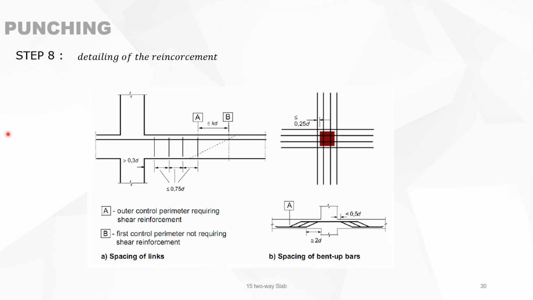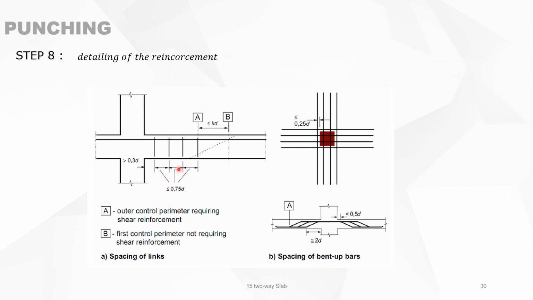Then step 8, the detailing of the reinforcement. You see here the cone, the punching cone. Then you will see that the first perimeter of reinforcement must lie between 0.3 and 0.5 times the depth of the slab.